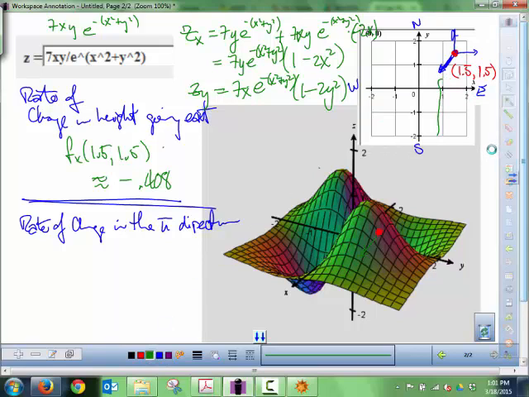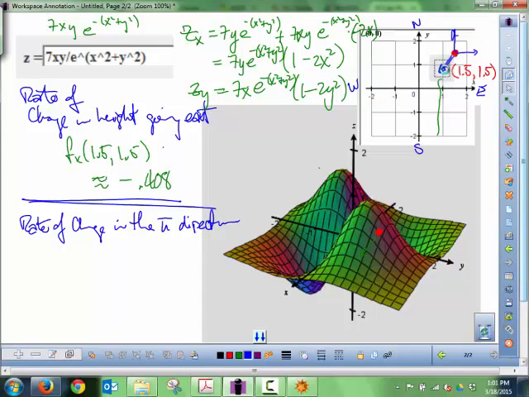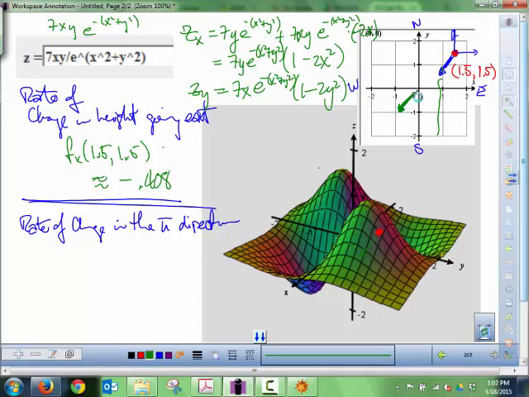What's u equal to? Would it help if I take u and put it in standard position? That's just a tip. What's u equal to? No, seriously. This isn't a trick question.